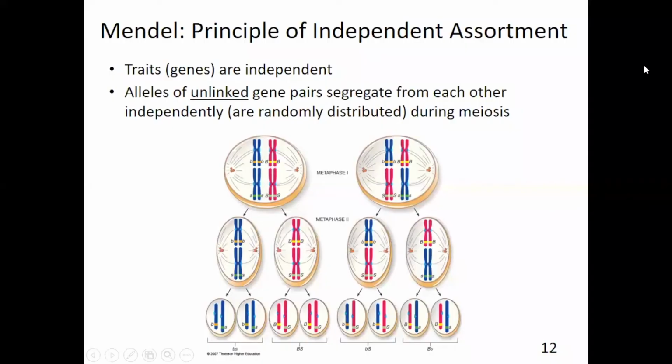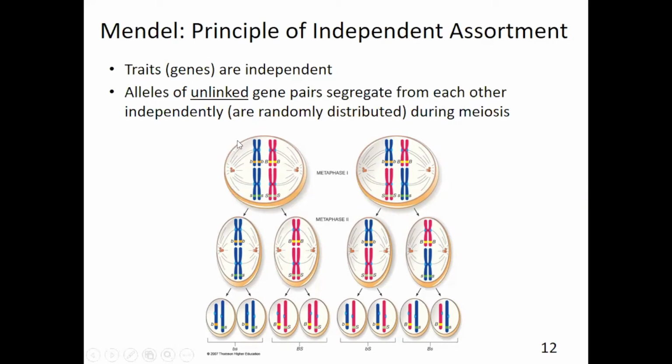On slide 12, we look at Mendel's principle of independent assortment. In short, the principle of independent assortment says that the inheritance of one gene does not influence the inheritance of a second gene. So if we look at this slide and we look at this cell right here, I can see that this cell has already replicated its DNA.